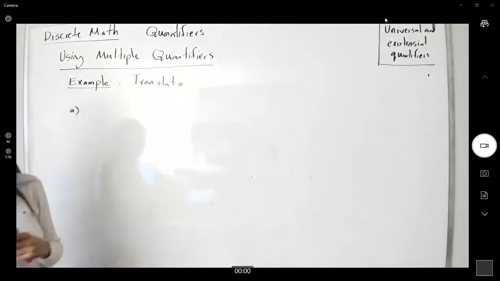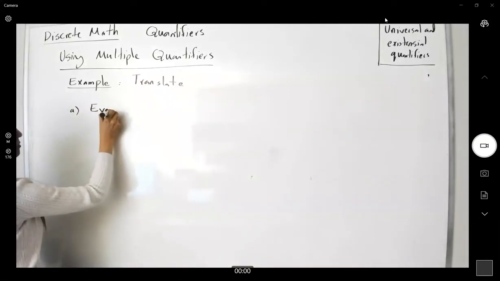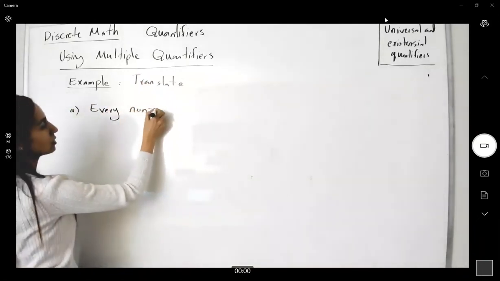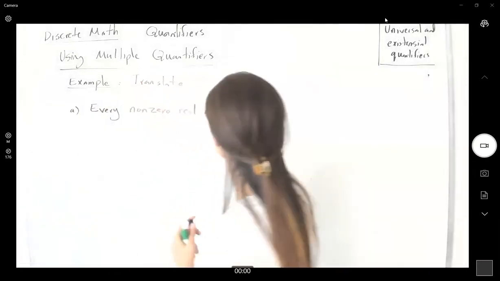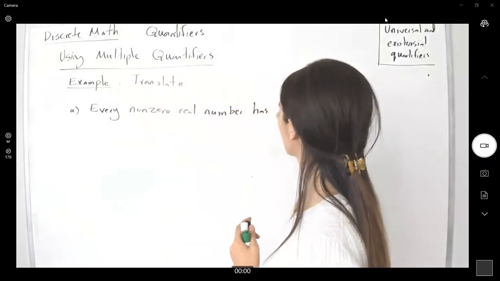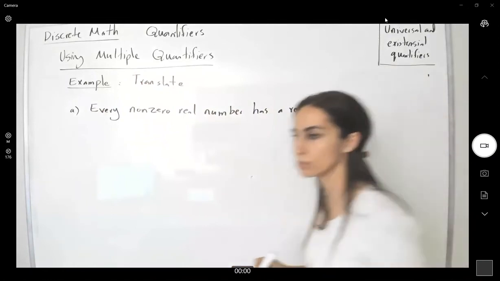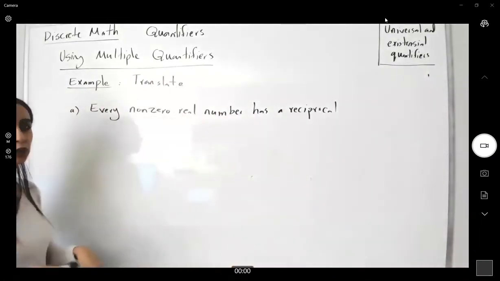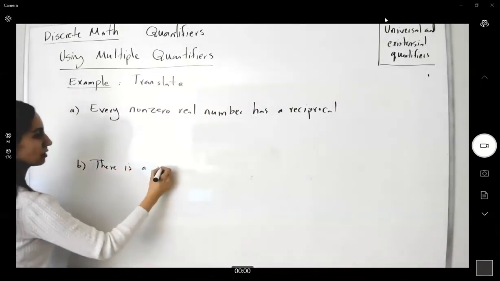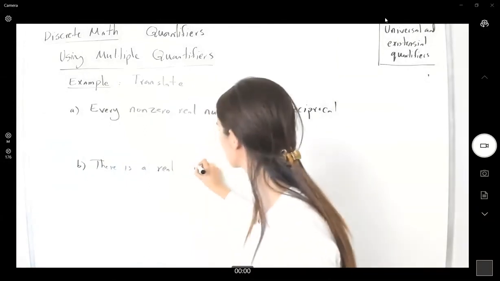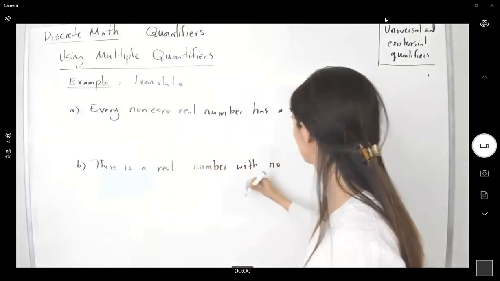The first one says, every non-zero real number has a reciprocal. And the second one says, there is a real number with no reciprocal.